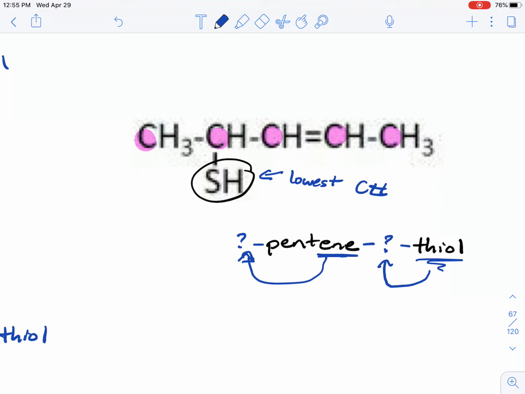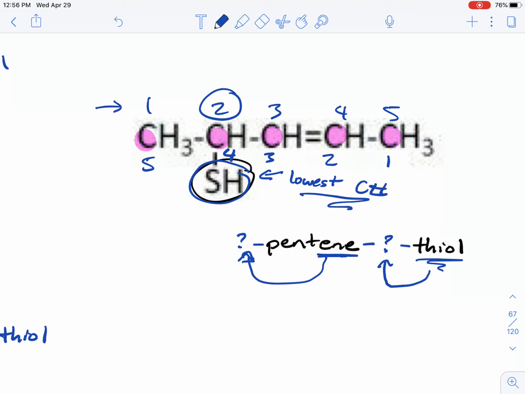And so that means that if we number it from left to right, I have 1, 2, 3, 4, 5. If I go right to left, 1, 2, 3, 4, and 5. Since we want the lowest carbon number for the sulfhydryl group, then that means the numbering system from left to right is preferred versus right to left.